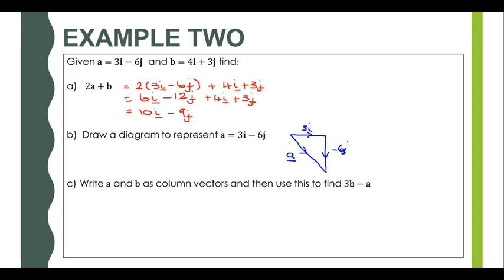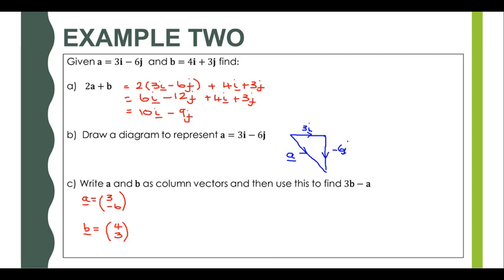If we look at part C, we're asked to write vectors A and B as column vectors. So vector A is equal to 3, minus 6. So the i component is my x component and the j component is my y. And vector B is equal to 4, 3.